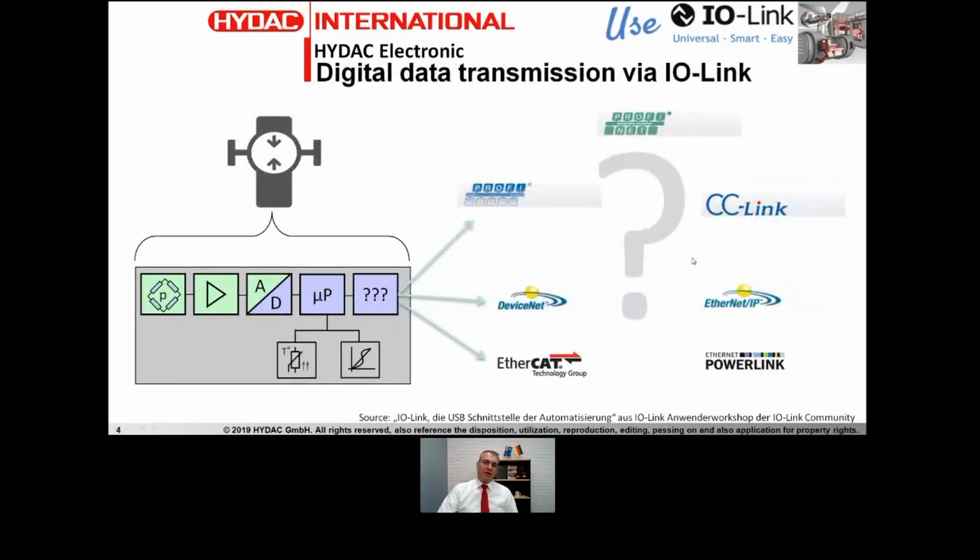In an IO-Link installation, we have the analog sensor cell as well. We need to amplify the analog signal from the cell, and we can convert the analog signal directly to digital values to work with them in the sensor. So we have again the microcontroller, and we do all the corrections inside the sensor. But now we see the change.